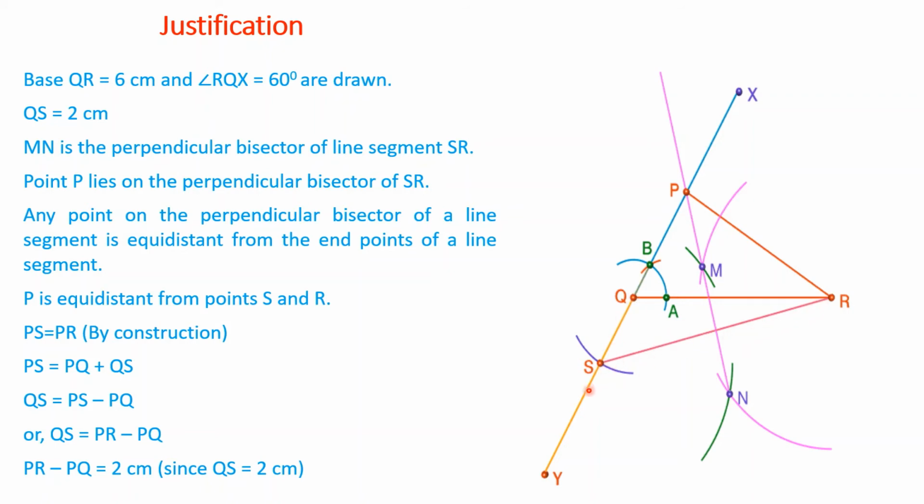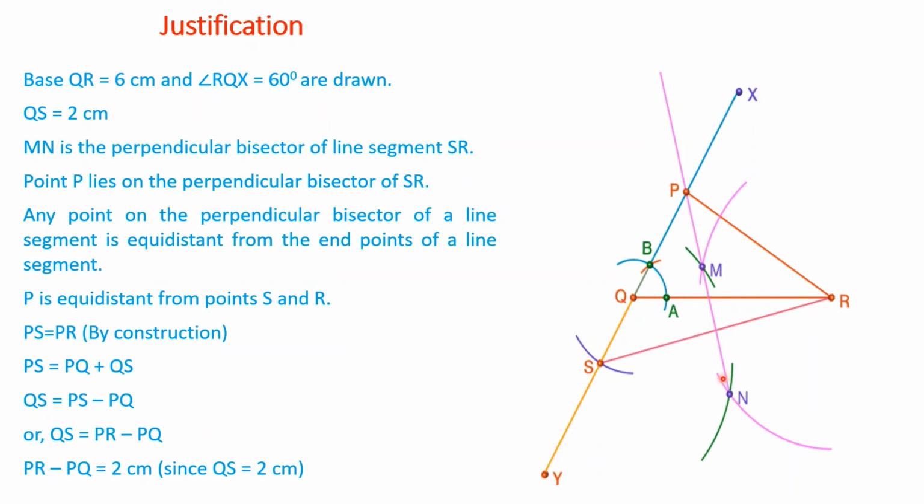Now join this line SR and draw the perpendicular bisector MN of SR. The perpendicular bisector passes through the midpoint of the line segment, because we are bisecting SR. This point is the midpoint of SR, and it also intersects the line segment at 90 degrees.